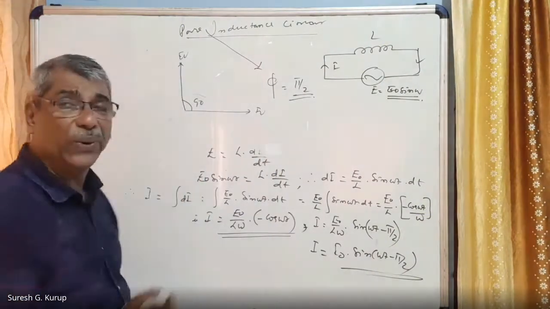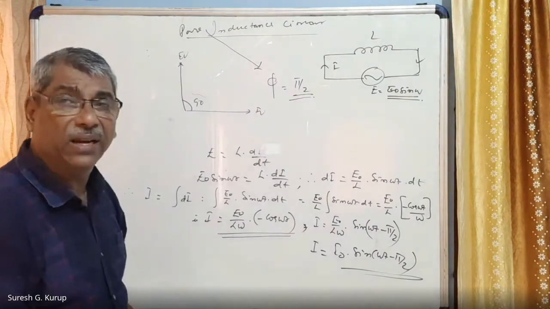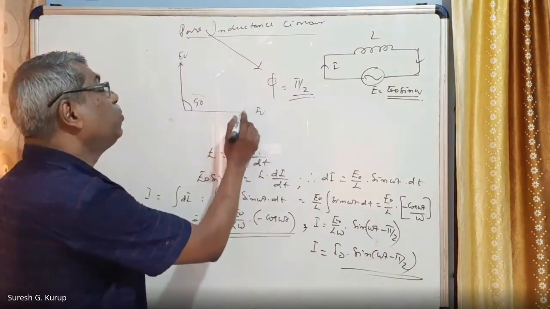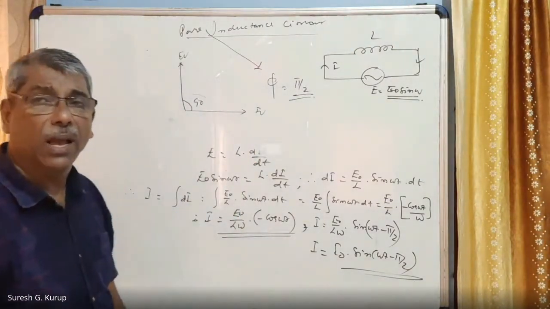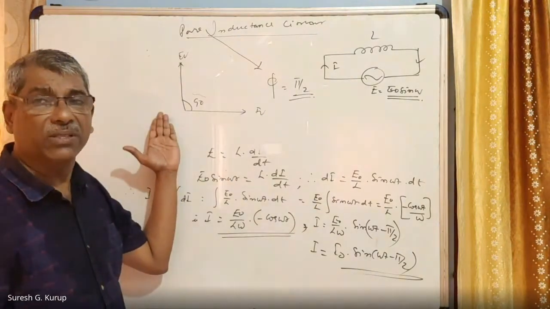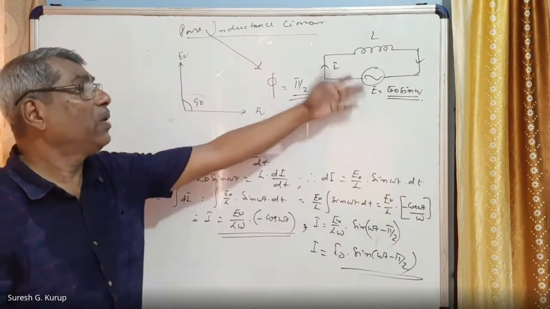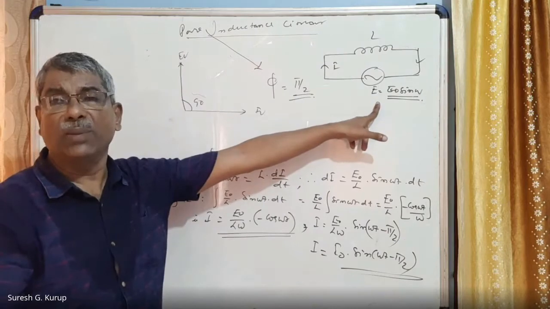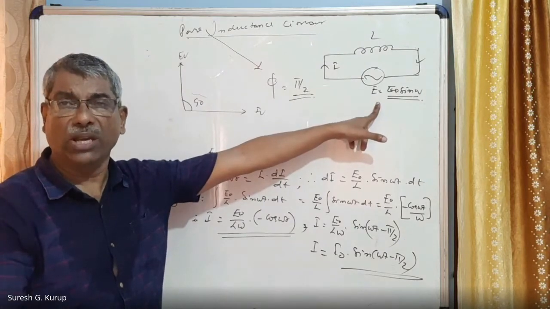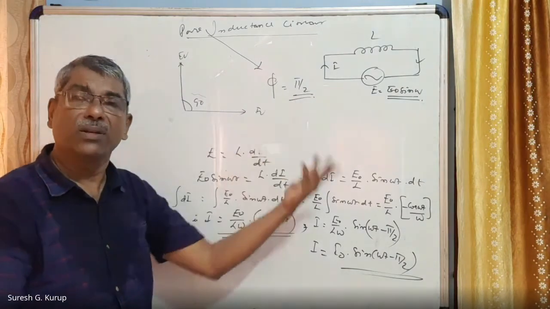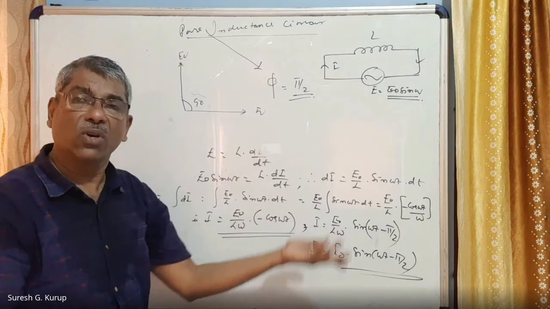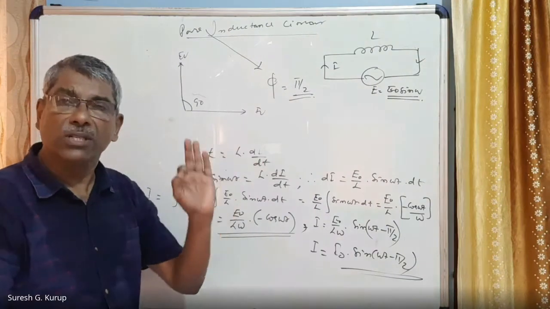Right? This is what we call the phasor diagram. A phasor diagram must have two phasors. One is the current phasor and the other is the EMF phasor. So in this circuit, we are applying an AC EMF E is equal to E0 sin omega t, and the resulting current is also AC only, having the same frequency.